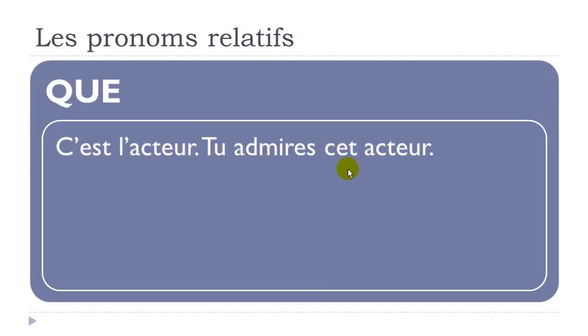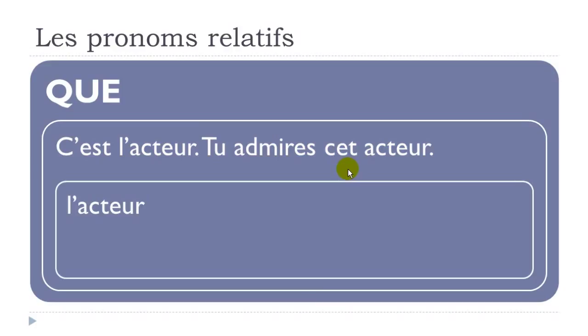Okay, so in that case, of course, if we look carefully, we would like to avoid repeating acteur, because it's in the first sentence and then it is in the second sentence as well. But if you have a look here, in the second sentence, you get tu, okay, so it's the subject. Then you get admire, so it's the verb admirer, to admire, all right? And after that, you've got cet acteur, so the thing we would like to replace.